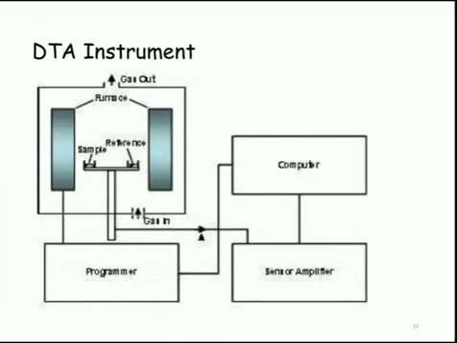So this is the block diagram of a DTA instrument. In this we have majorly the furnace, sample holder, a reference material, the sample, a computer and programmer, and a sensor or amplifier as given here. In this block diagram, a furnace is used to heat the sample, and the sample holder is to hold the sample and a reference material, and a furnace programmer and controller to increase the furnace and the sample block temperature at a linear rate per minute.